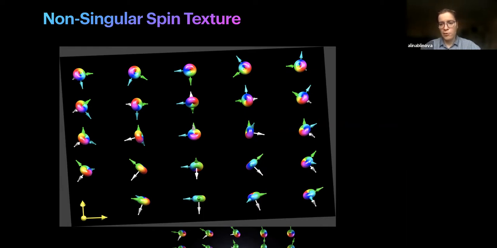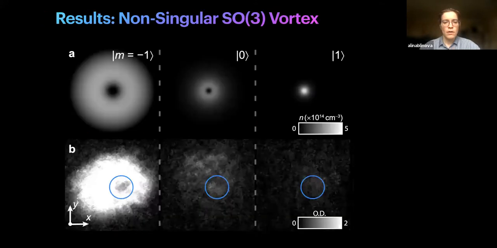Okay, so that is all well and good. And that is a non-singular spin texture in the sense that there is no singularity in the center, and this texture is completely deformable down to the ground state. On the top here is a simulation, and on the bottom is the experimental result of what the non-singular texture looks like.